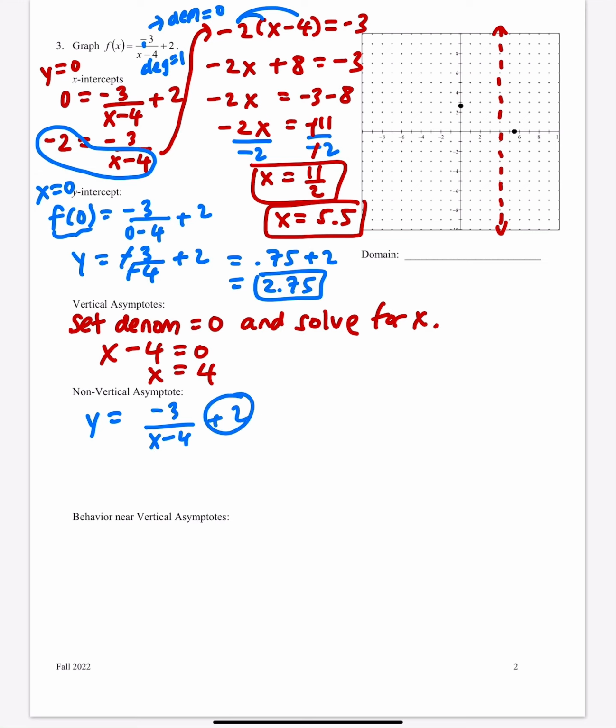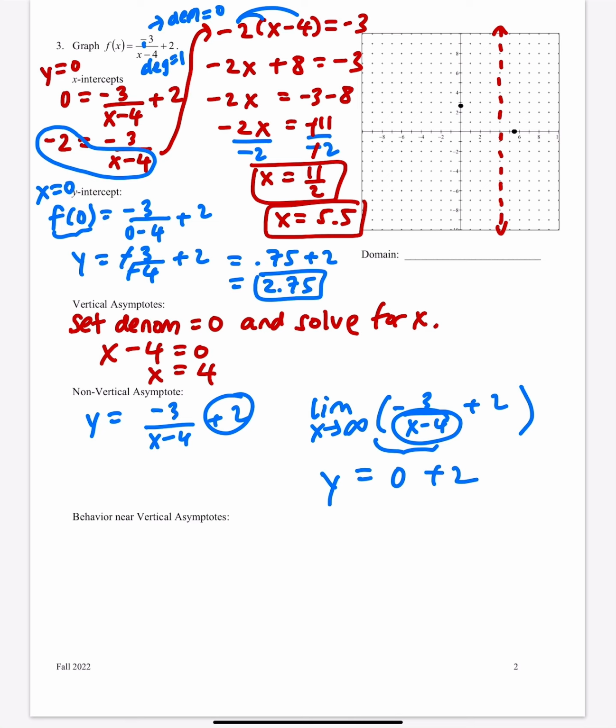However, in our case, we have this plus 2. So as x goes to infinity, right? As this goes to infinity, infinity minus 4 is like infinity. Negative 3 divided by infinity is 0. So this actually goes to 0, this guy, and we have 0 plus 2.